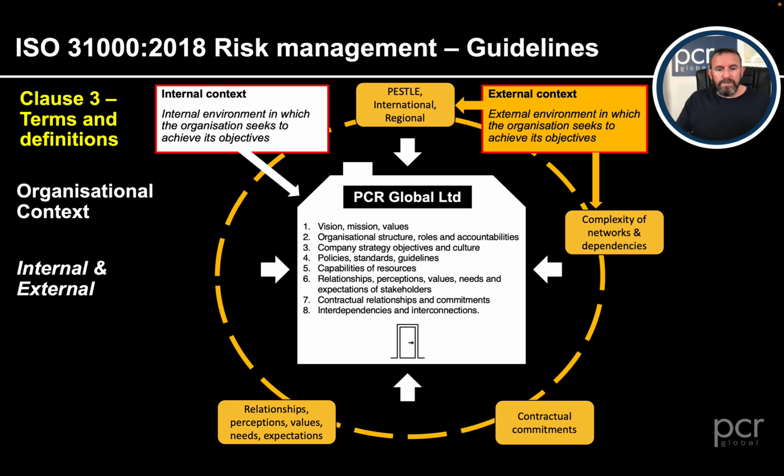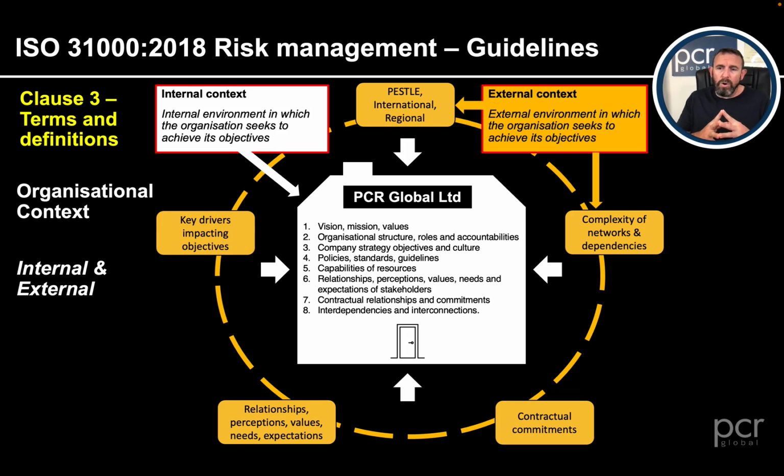Relationships, perceptions, values, then the needs and expectations of, again, anybody in the external environment. Needs and expectations, we could be looking at the law, the governance, external law, statutory requirements. They expect us to operate in a certain way. And what are the key drivers that are impacting our objectives?